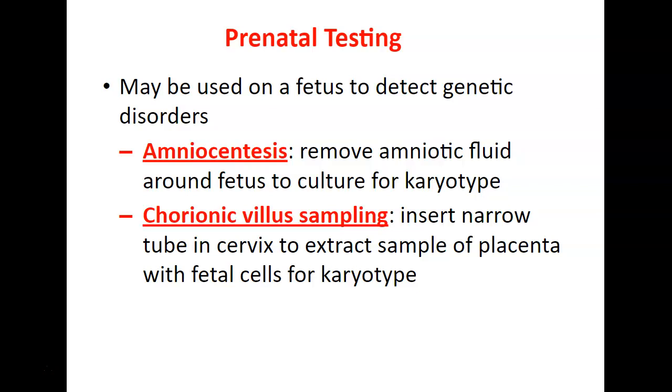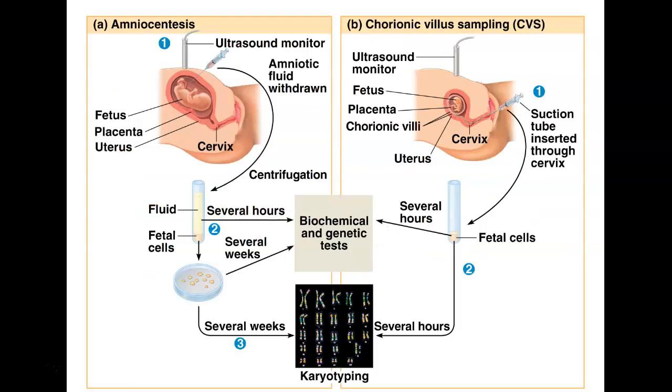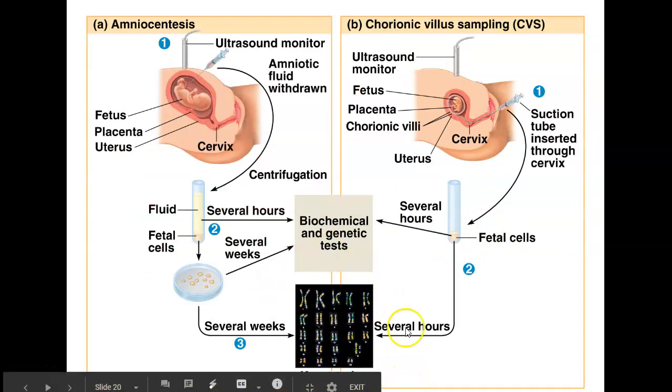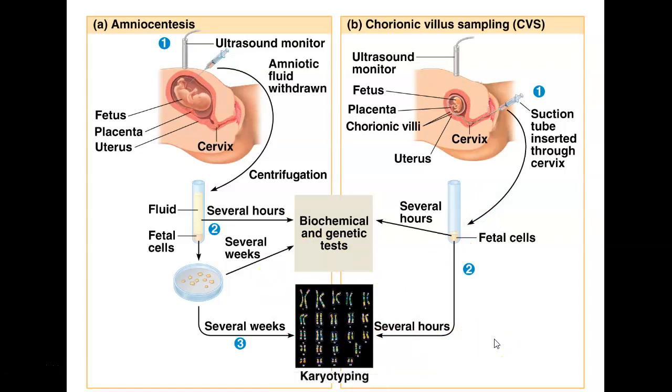This is just extracting some fetal tissue or fluid from around the fetus that has genetic material from the fetus in it to do something like a karyotype, which we learned about previously, that displays all of the chromosomes. So you can get an idea of what potential chromosomal disorders a child might have.